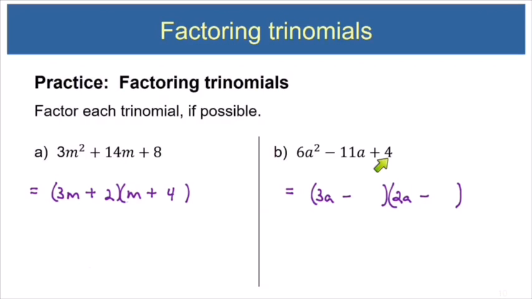And then last times last has to make a 4. Now what are my choices for 4? Well, 4 could either be 1 times 4 or it could be 2 times 2. Notice what happens if we put in 2 times 2. I need to show you something important here. If you put in 2 and 2, then notice that this last parentheses contains a GCF.